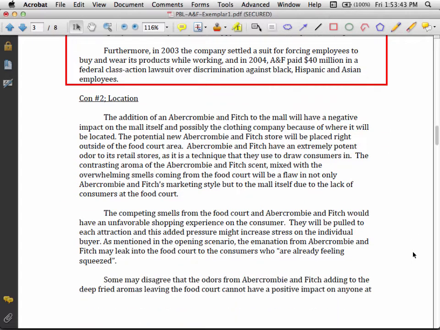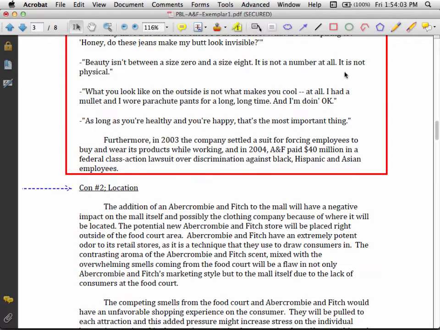Now these students have organized their paper, so they've got cons, and they've got pros, and they've organized the pros and cons. And I'll show you some other papers with some other organization. And again, it's up to you how you want to organize it, as long as you build your arguments. So what else have we got in here?